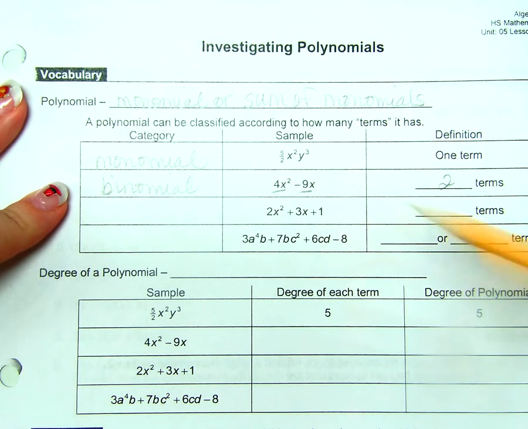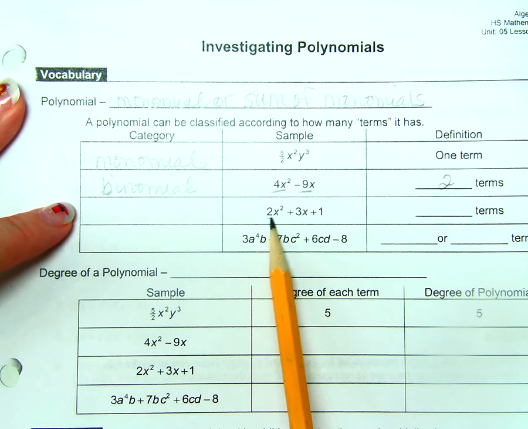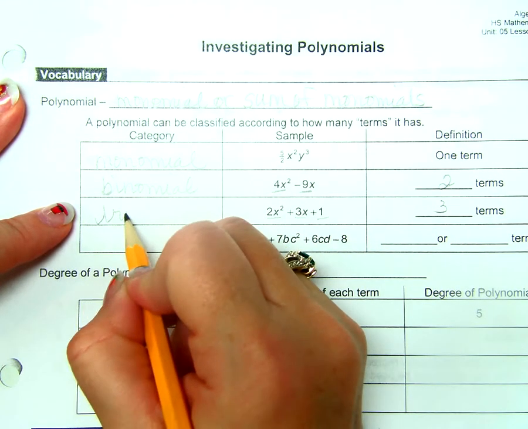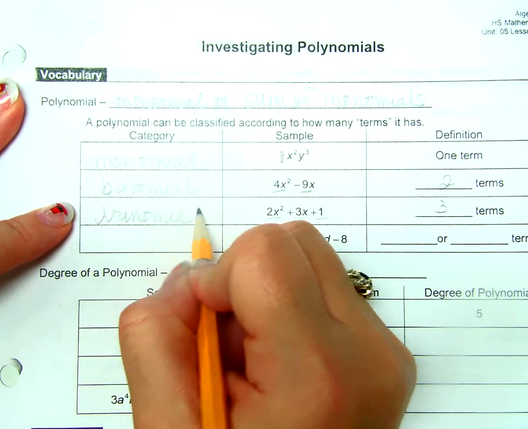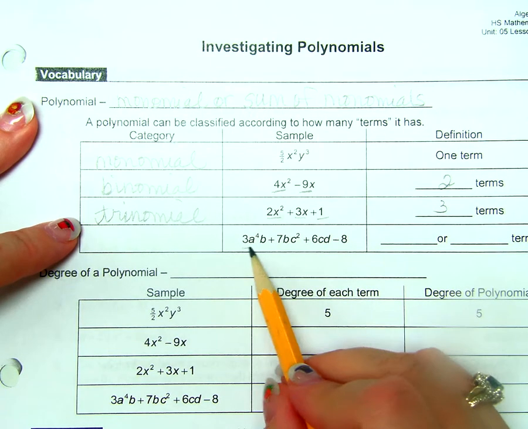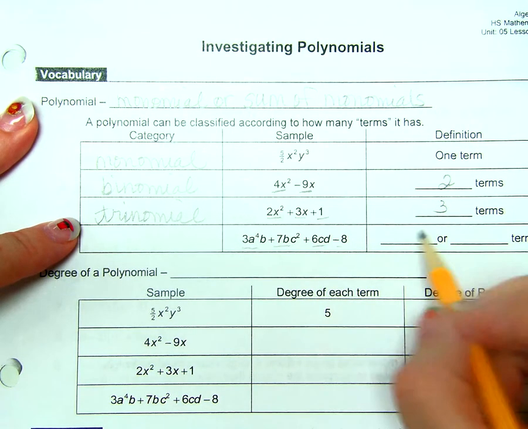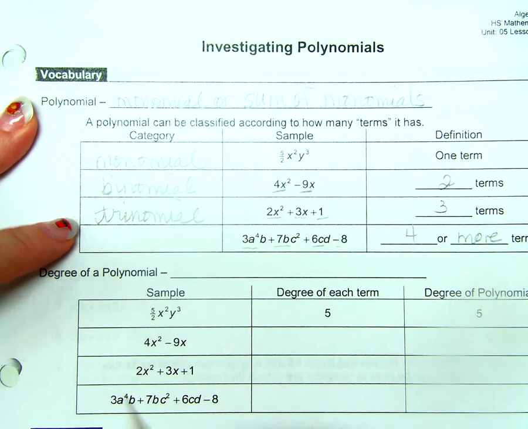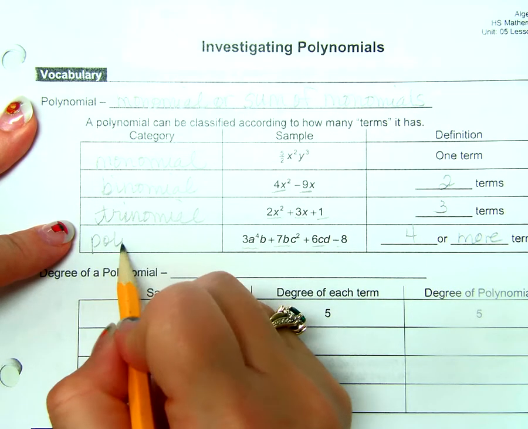There can be parentheses and things like that, but we'll get into that later. 1, 2, 3 terms is a trinomial. And 1, 2, 3, 4. So 4 or more terms is a polynomial.